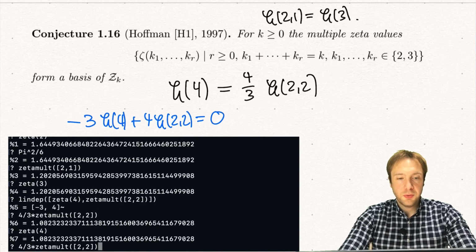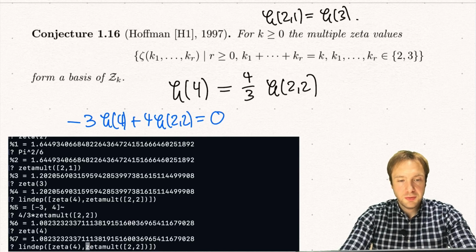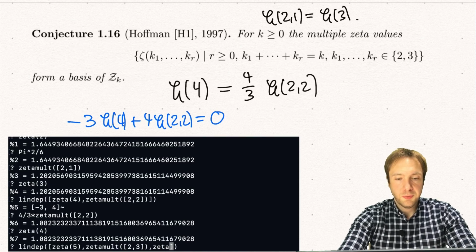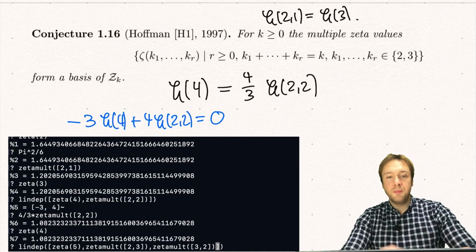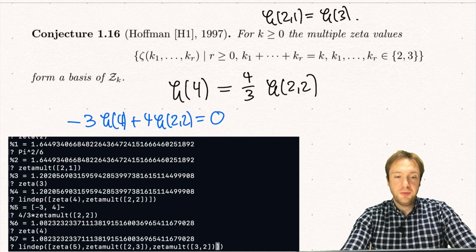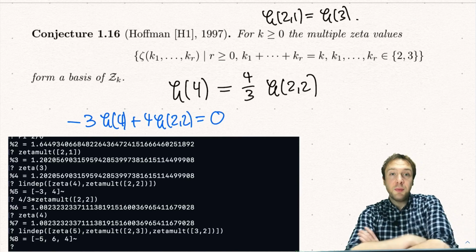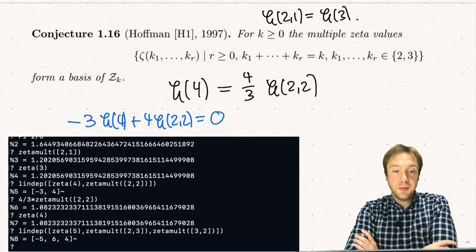And this works with more than just two input values. For example, zeta 5 and zeta 2, 3 and zeta 3, 2. This now looks for a linear combination among these three values. We get this linear combination, and in particular, this says minus 5 times zeta 5 plus 6 times zeta 2, 3 plus 4 times zeta 3, 2 equals 0.